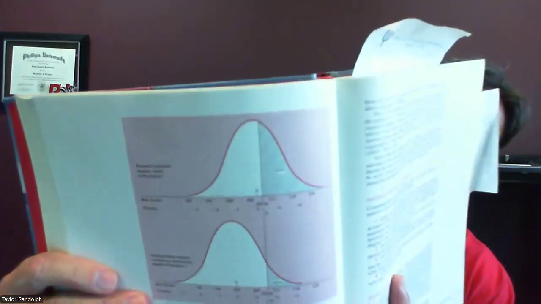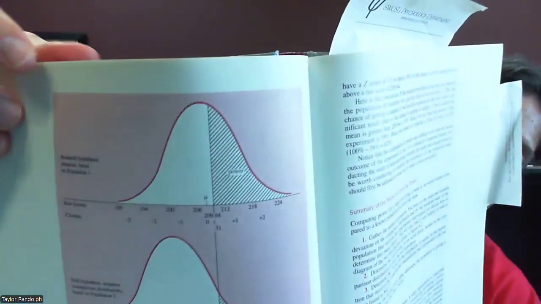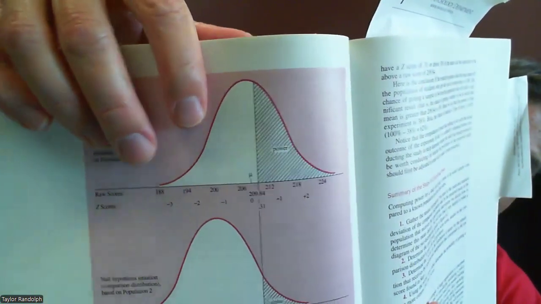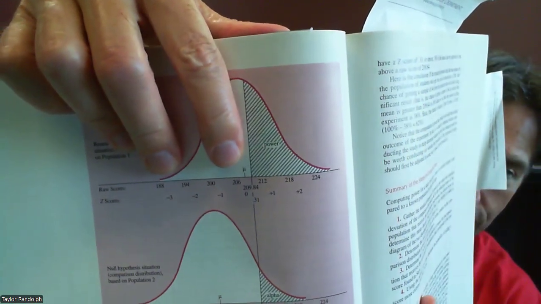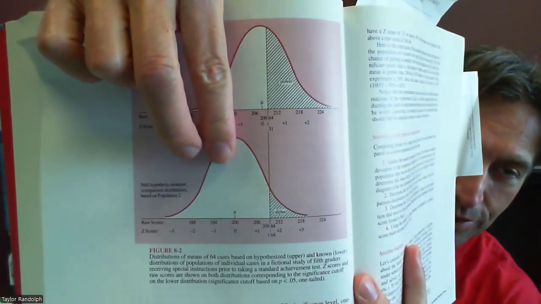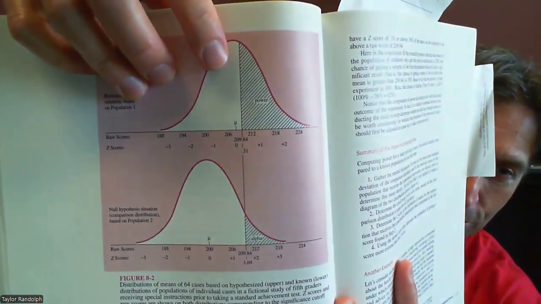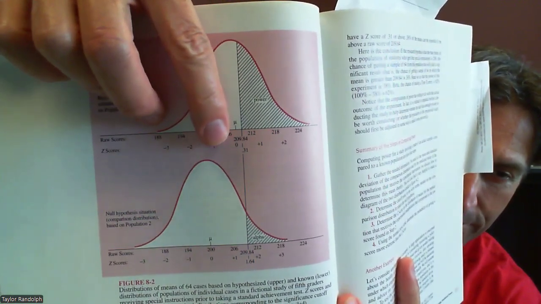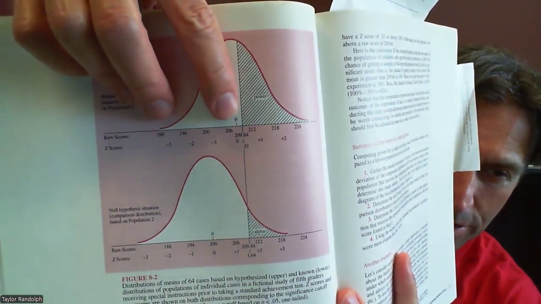So hypothetically, let's say that we now give the same test to 64 other students. And this is what we see. We see that now the mean for the students taking this test, there's the control group, here's the experimental group after they got the special instructions. Now the mean increases from 200 all the way up to, it's not 209.84, but it looks like it's around 208 or so.